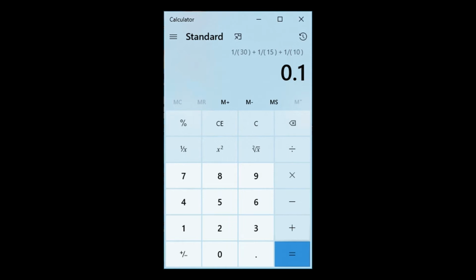And that's going to be equal. You can see that we have the 30 here, plus 15 here, plus our 10 here. That's going to be equal to 0.2.